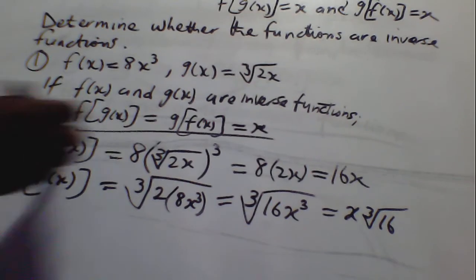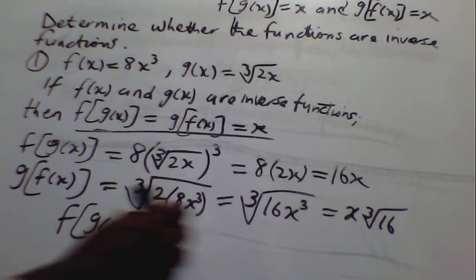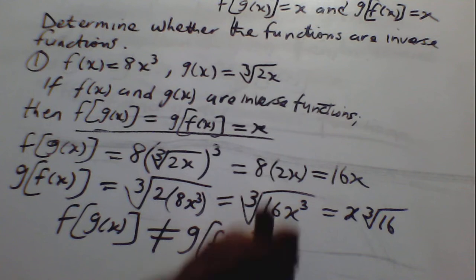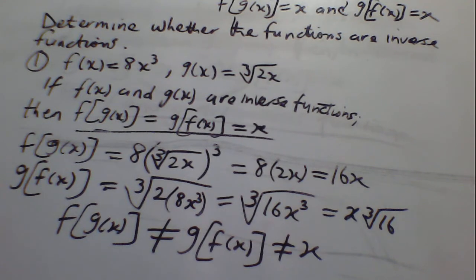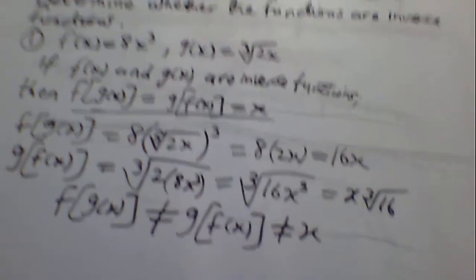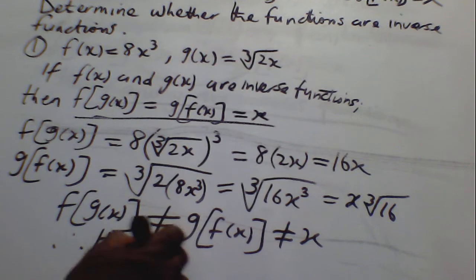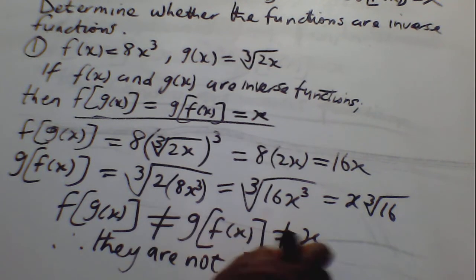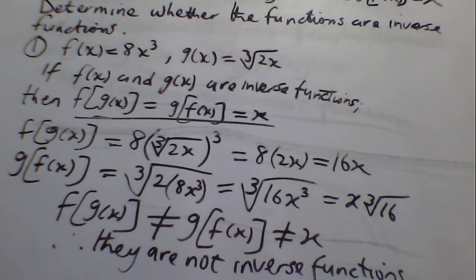So from here we can conclude that f of g of x is not equal to x, and g of f of x is not equal to x. Therefore, they are not inverse functions.